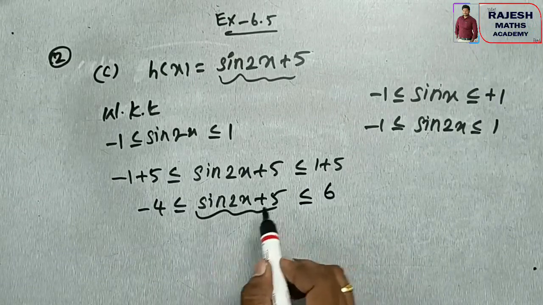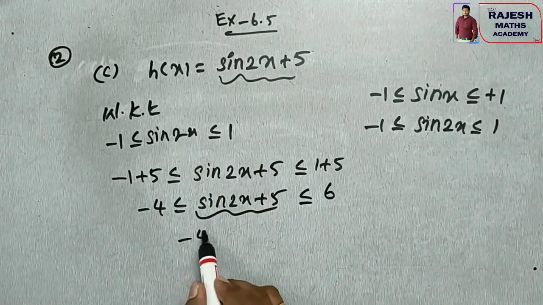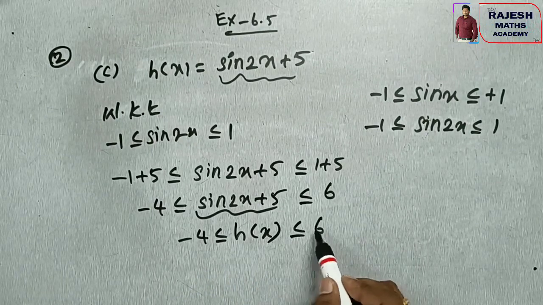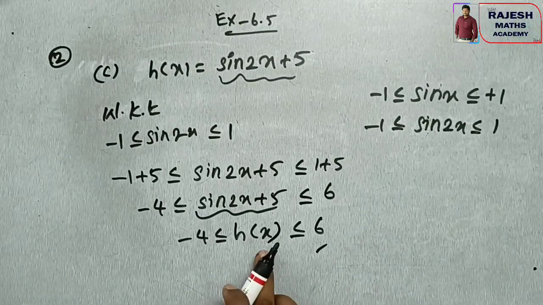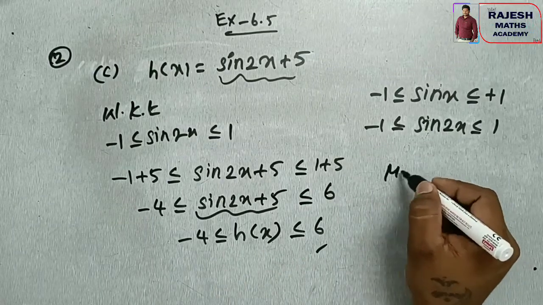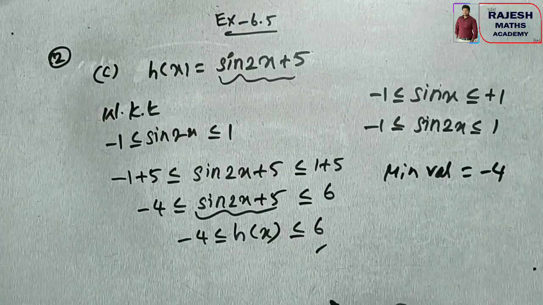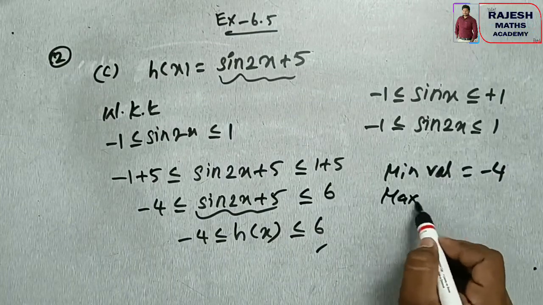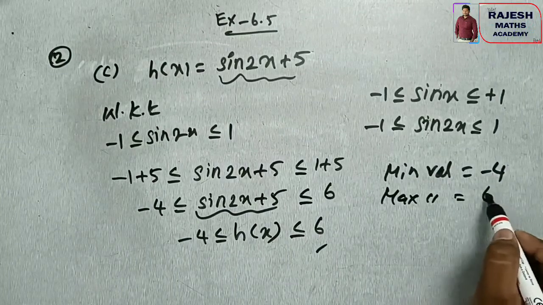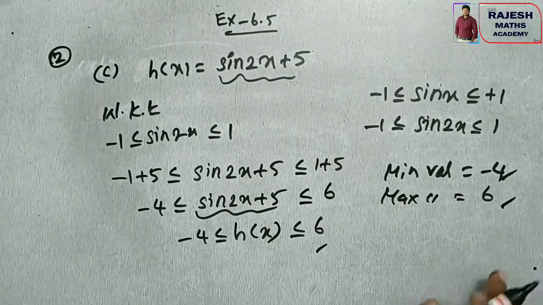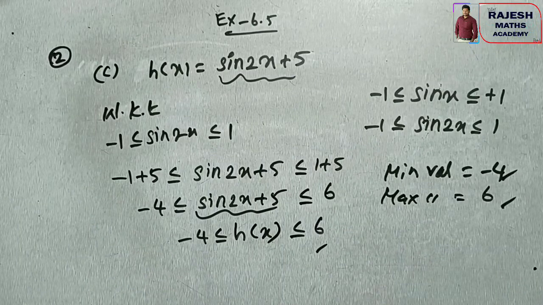This is nothing but our h of x. So h of x is greater than or equal to minus 4 and less than or equal to 6. The minimum value of h of x equals minus 4, and the maximum value equals plus 6.